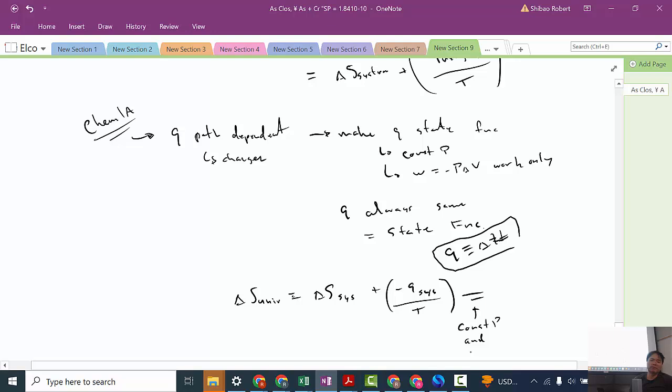Constant pressure and PV work, P delta V work. I can call it minus P delta V work because that's a system. It's usually minus P delta V. And so this is equal to delta H, delta S of the system, minus, I'm going to put in delta H instead of Q, and we'll just call it delta S of the system over T.